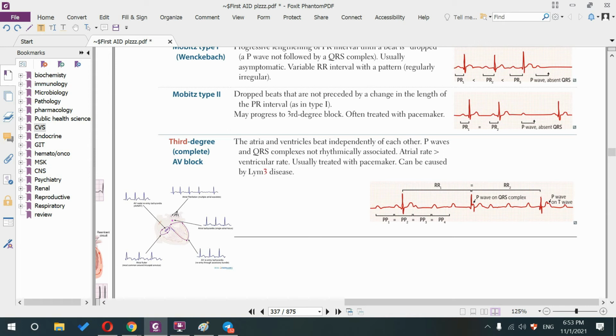But the atrial rate will be more than the ventricular rate. A really smart person now will tell me why. The atrial rate is much higher than the ventricular rate because each one of them originated from something different. Exactly, the SA node is faster. Good.